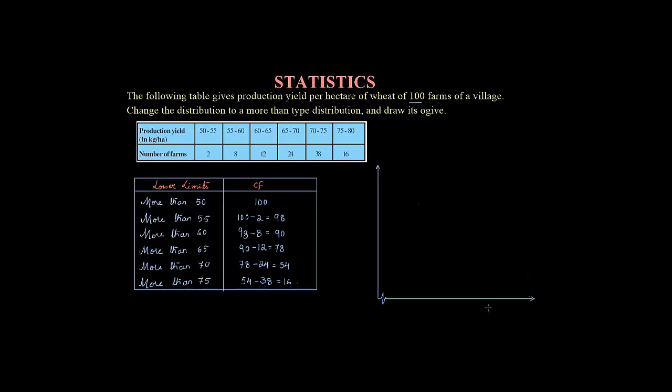So the x-axis is for lower limit. Let me write it here, lower limit. And the y-axis is for cumulative frequency. Now let me take the values. You can observe on the y-axis, that is the cumulative frequency, the value starts from 16 and ends at 100, right?